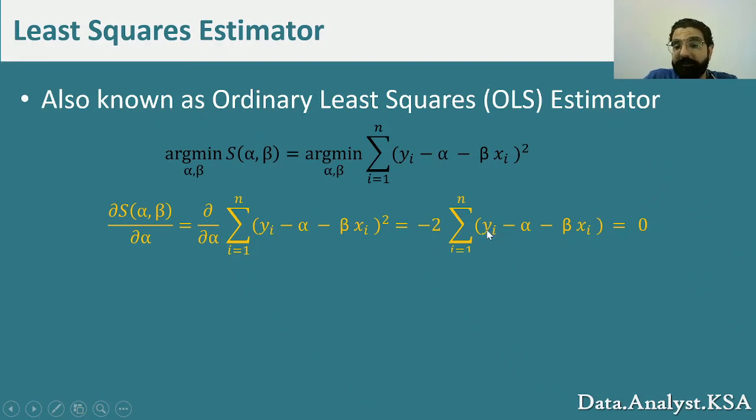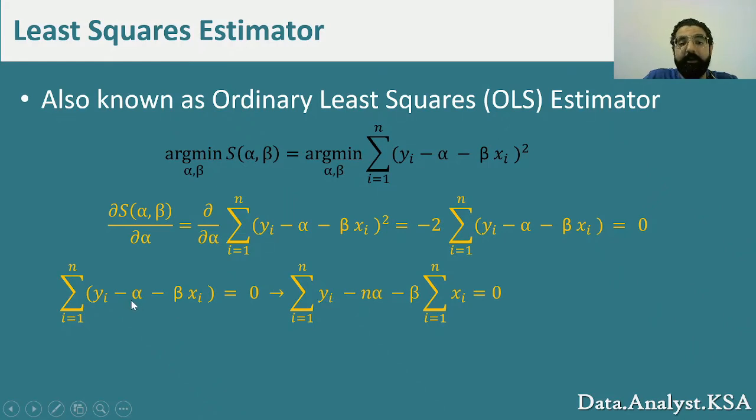Now we go one step further and remove the minus 2, because it doesn't make any difference to divide both sides by minus 2. I lose it and keep the 0 on the other side. Then I distribute my sum inside: the sum of yi minus n alpha. The n is there because alpha doesn't have any subscript, so it doesn't change. It's the coefficient we are trying to find.